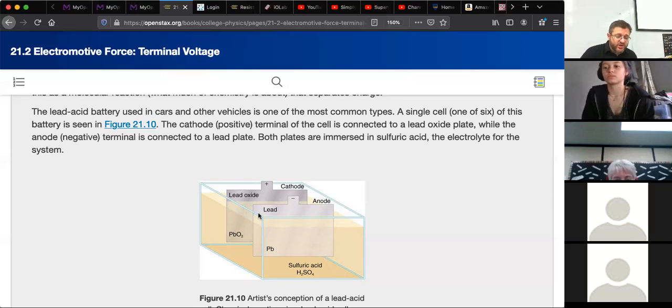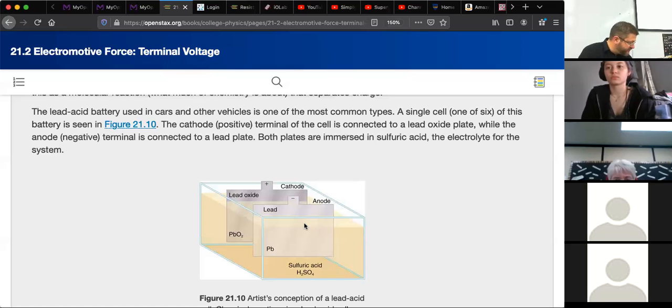So a battery that's in your car, which is 12 volts, actually has 6 of these cells, all connected in series. They connect these in series to create a 12-volt total potential from one end to the other of this stack of cells, as they call it. So a 12-volt battery has 6 of these cells.